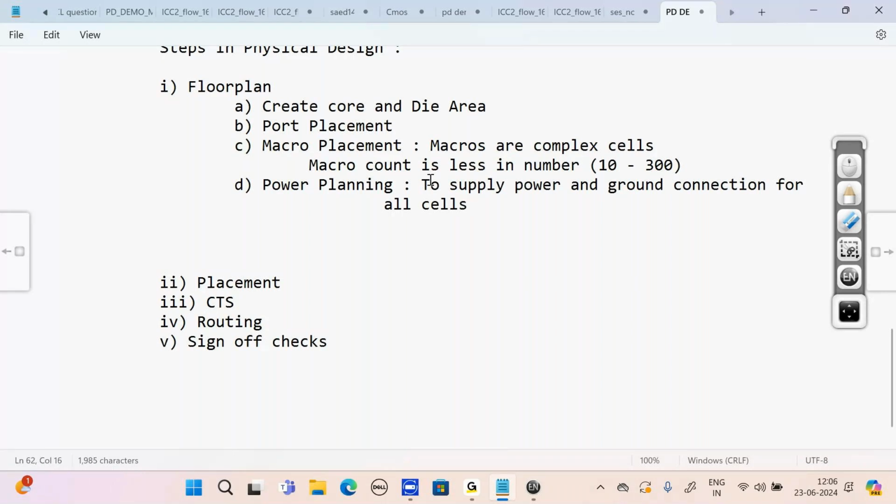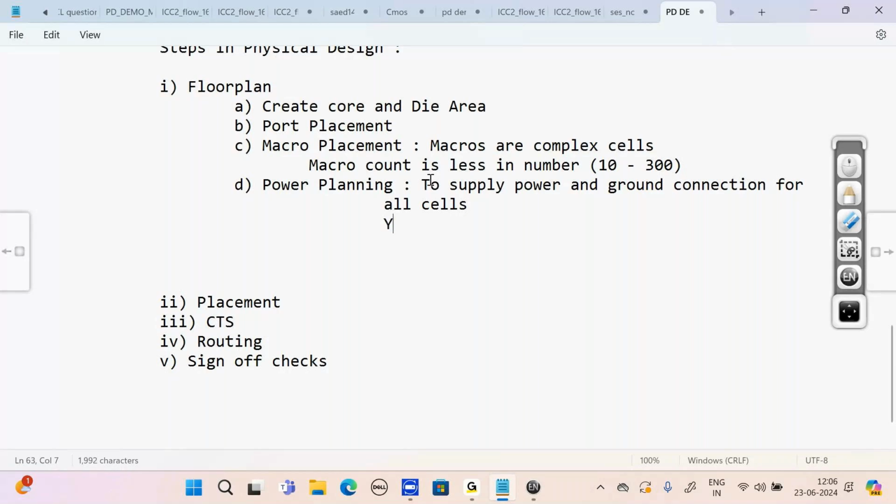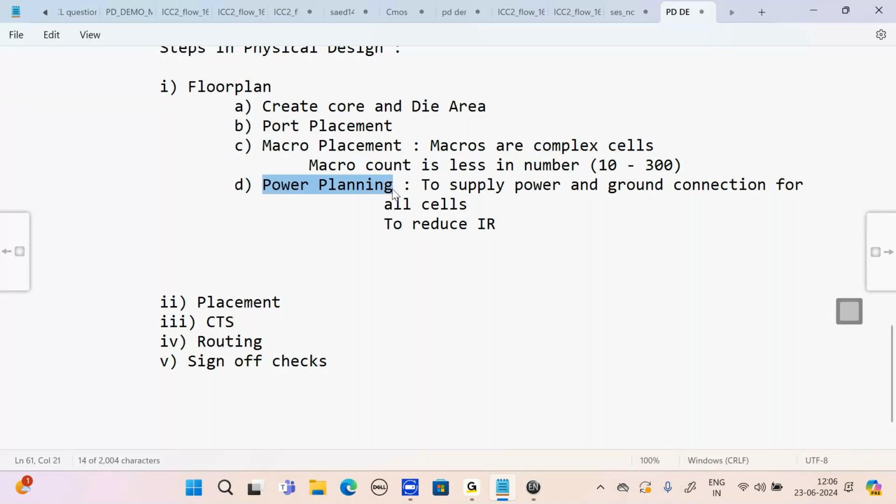First thing. Second thing, to reduce IR drop. So I have to plan my power planning gently. How to distribute power and ground for all the 25 lakh cells, and how to reduce the IR drop. I have to do the power planning.